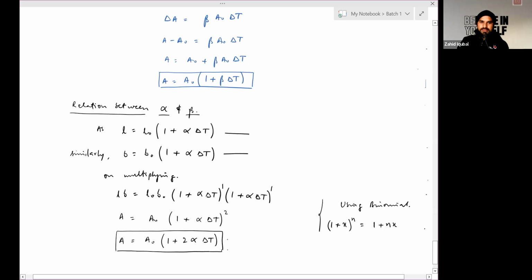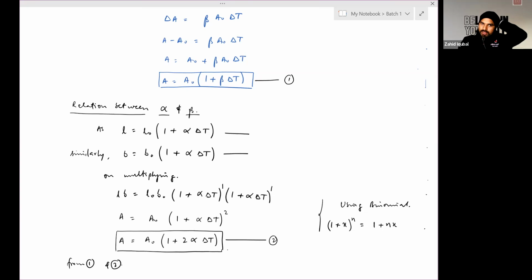Now just compare this equation and this equation. Let's say this equation is first and this equation is second. On comparing equation first and second, we have same quantity A on left hand side, same term A naught as coefficient of that bracket, and delta t.